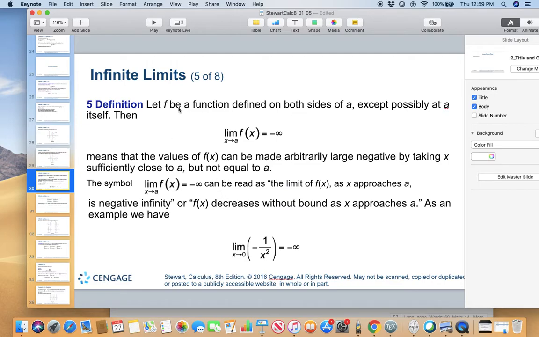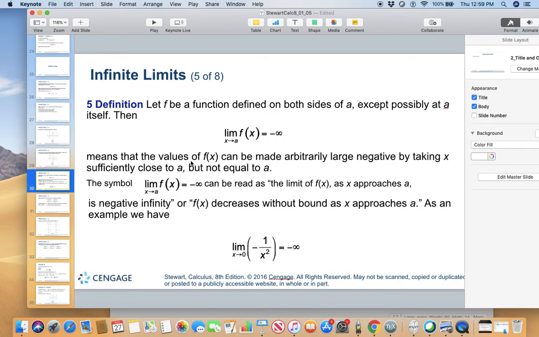All right. So the definition, what does it mean in words? Let f be a function defined on both sides of A except possibly at A itself. Then limit x approaching A of f(x) is negative infinity.